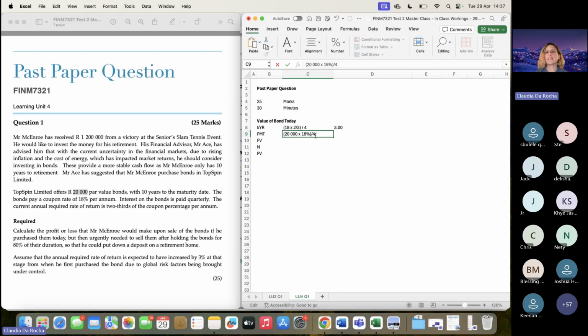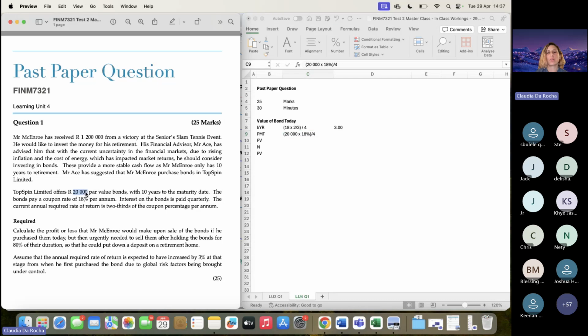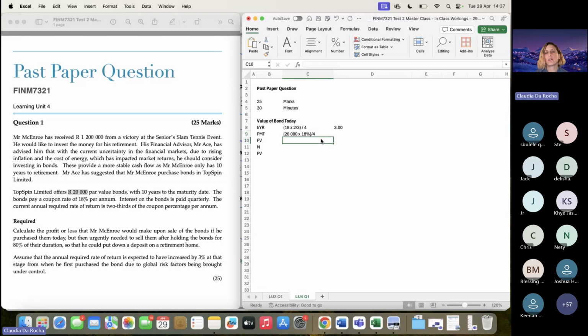Why? Because that is how much I'm getting paid each quarter. Okay, if I just use the 20,000, I'm using an annual rate. I need the quarterly one. Okay, so if I calculate that, I'm going to say 20,000 times the 18%, and I'm going to divide this by 4. So I get 900.